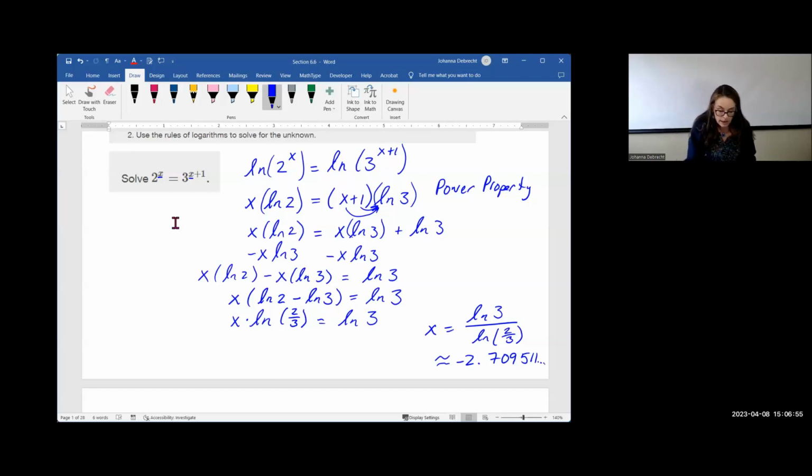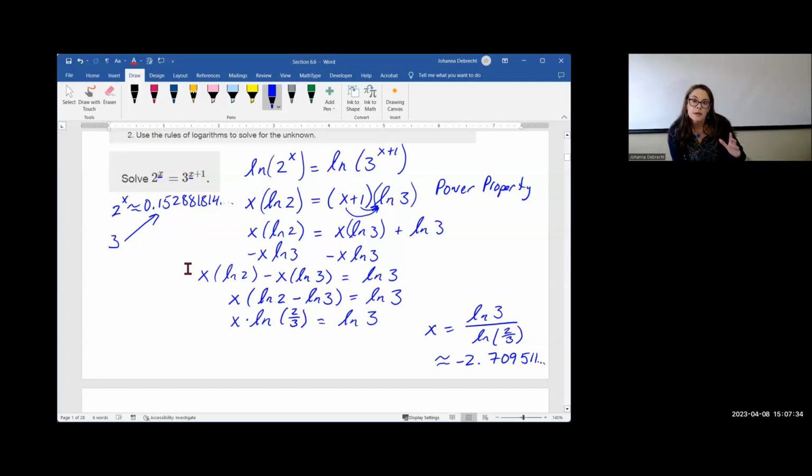And I got that 2 to the x was roughly equal to 0.152881814... Now, I'm going to take 3 and hit the power symbol again, put parentheses around it, recall that value, add 1 to it, close the parentheses, hit equal, and I get that value again. So I know that they are equal and that that value of x does solve the problem.